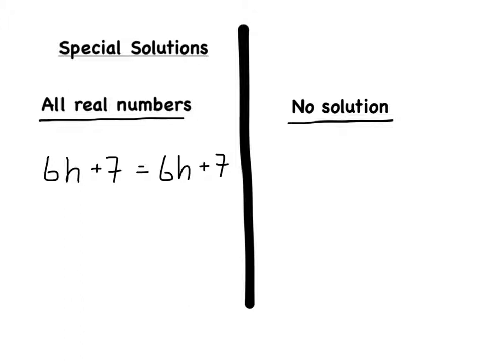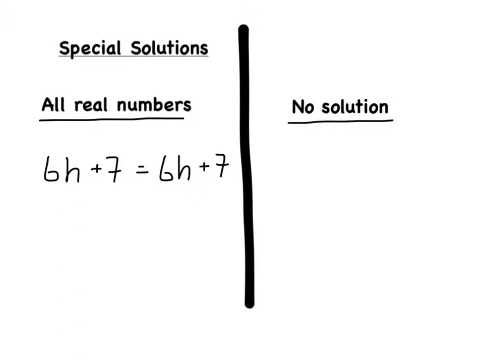So the answer would be all real numbers because, for example, let's say that h is 1. If you plug in 1 for h here and 1 for h here, these are both going to be the exact same answer. If you plug in 2 for h here and 2 for h here, they're going to be the exact same answer.